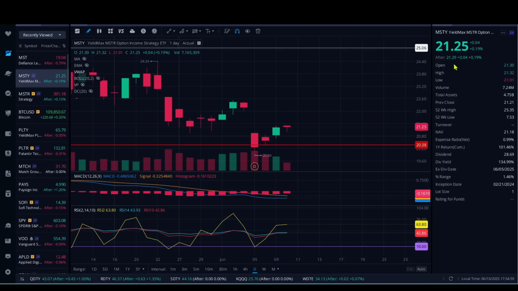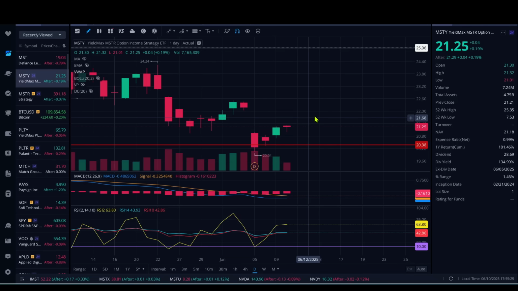But it's green up here in the top corner at $21.25 because it is 4 cents above the close from yesterday. And yesterday's close, if we hover over this, was $21.21. Plus the 4 cents of today's move gives you the $21.25.